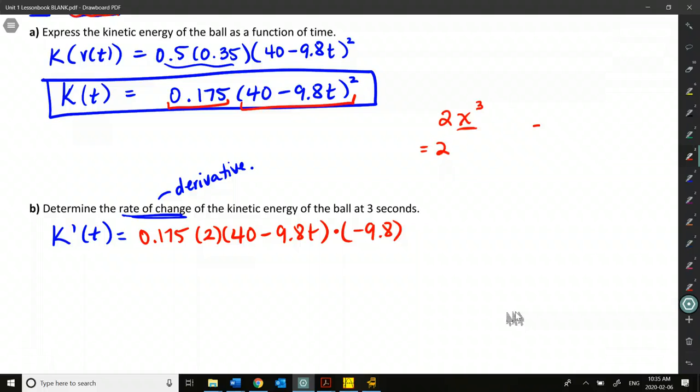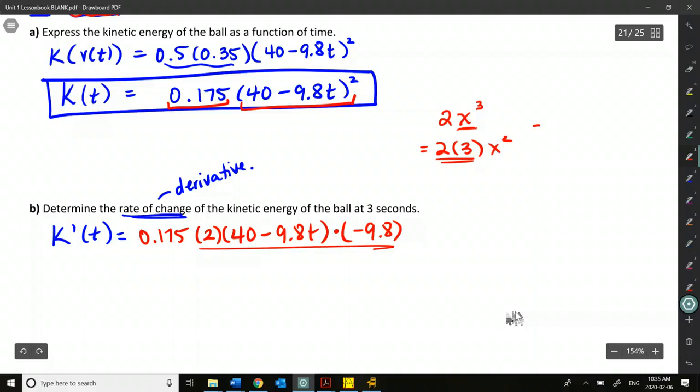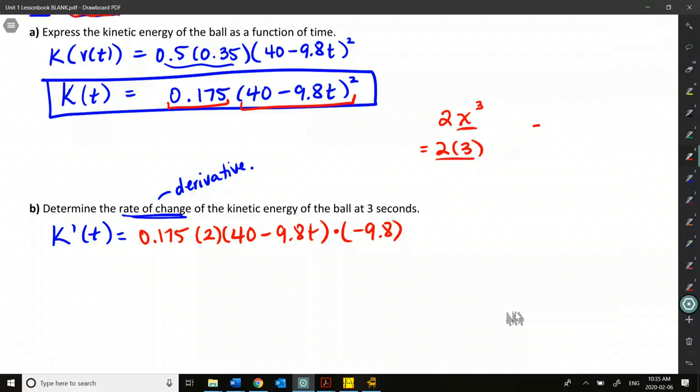So this is the constant multiple rule. We bring the 3 down, we multiply it by 2, and we subtract 1 from the exponent. That's basically what I'm doing here. Anytime you have just a constant multiple in front of a function, that constant multiple will stay, and you just do the derivative of the function part.